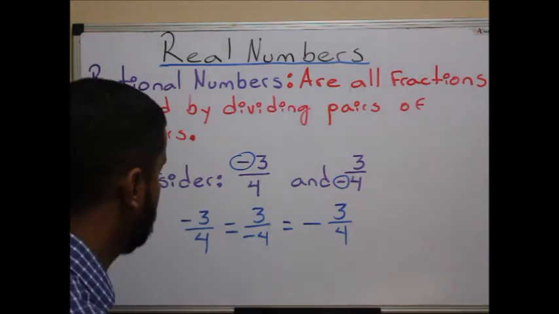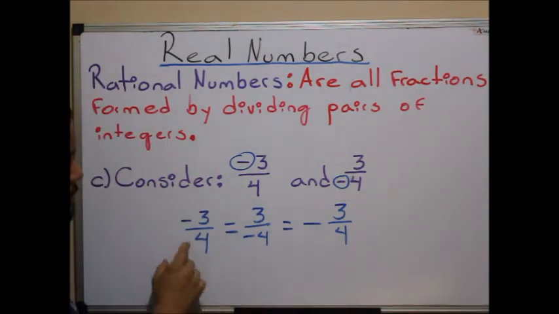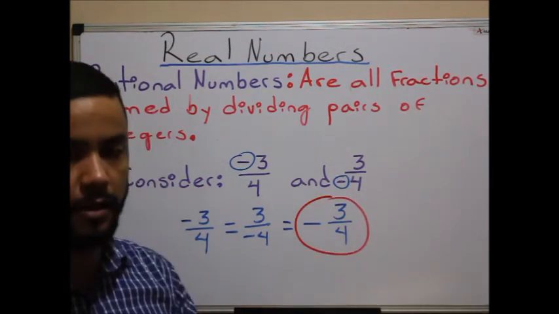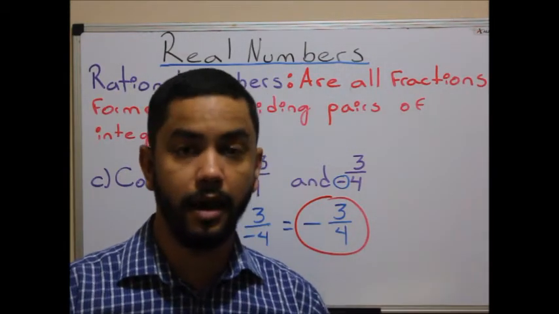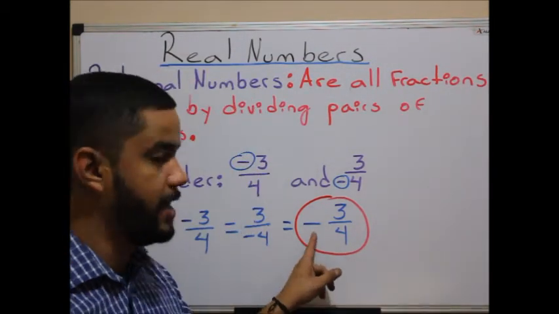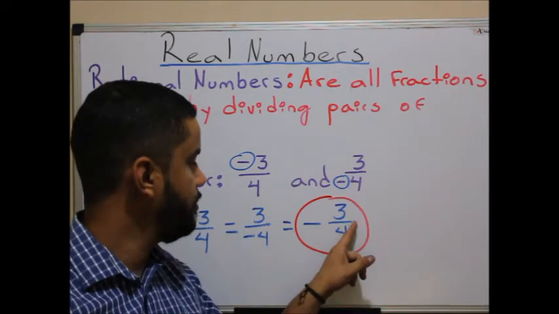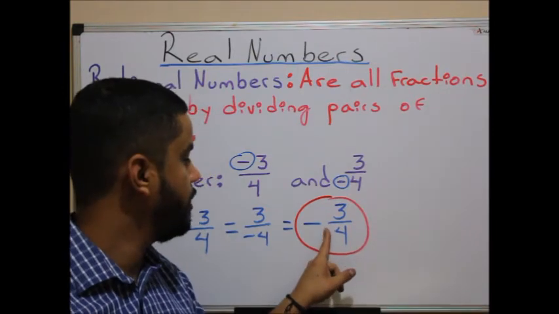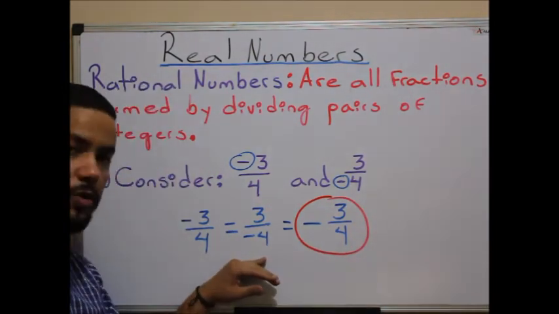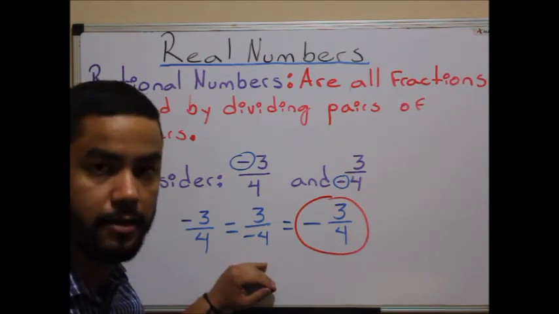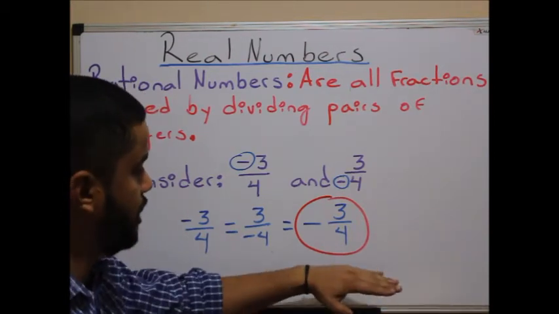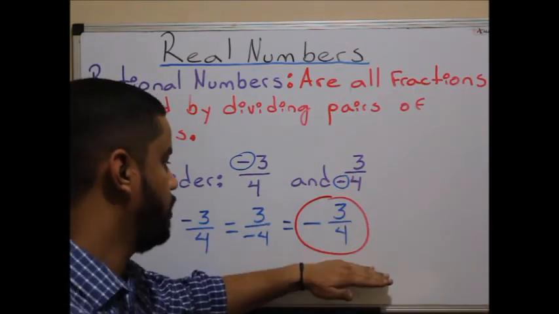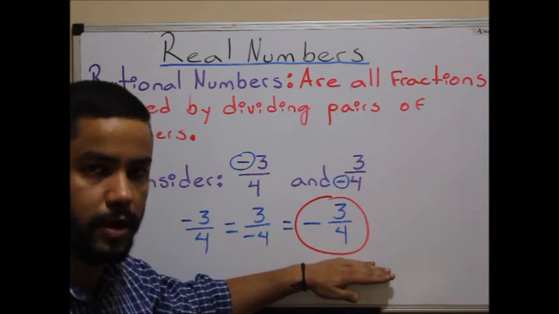Now, you can write a negative fraction in those ways, but the real way to write a negative fraction is placing the negative sign at the same level as the fraction bar. The first ones are improper ways to write a negative fraction, and having the negative sign at the same level as the fraction bar is the proper way, the real way.